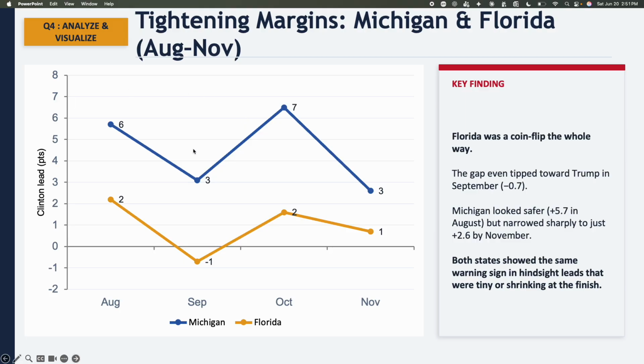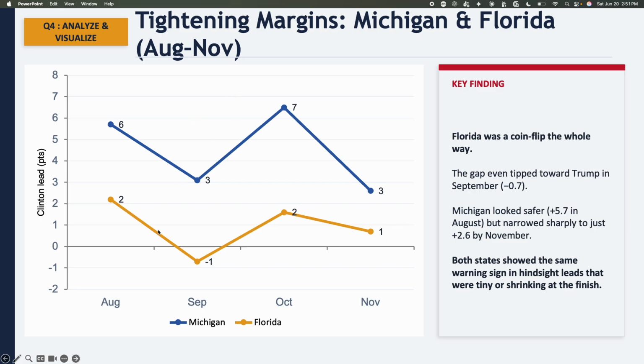Question 4 zooms into the two specific states, Michigan and Florida, from August through November. These two states are the most talked about from this election.